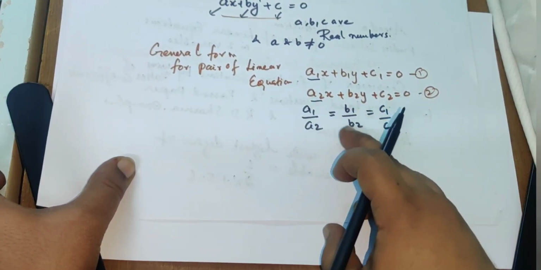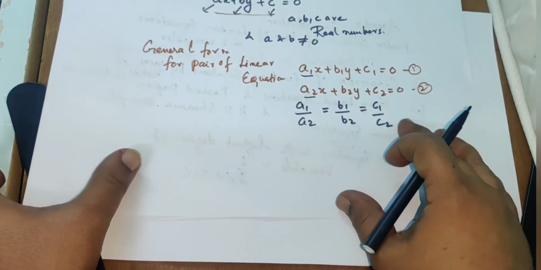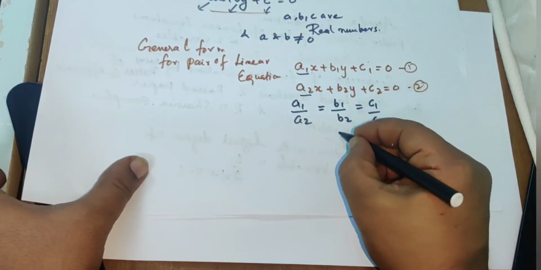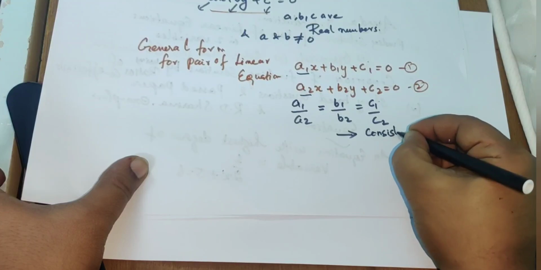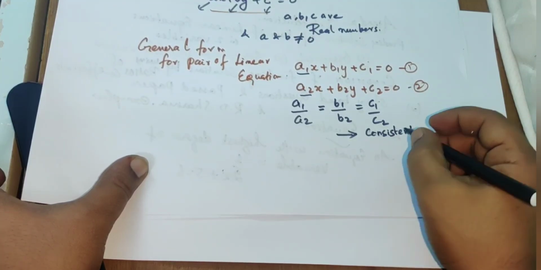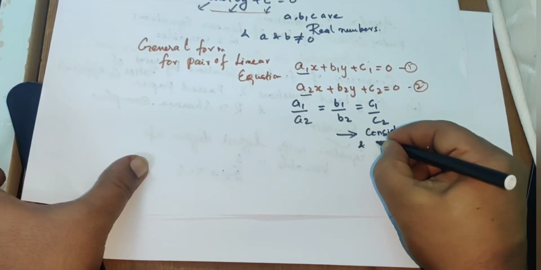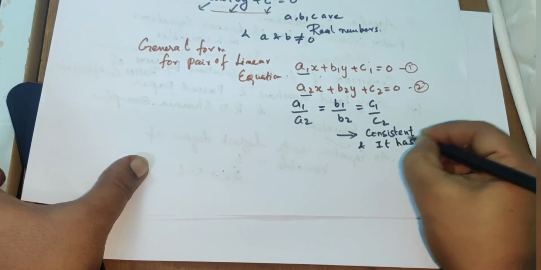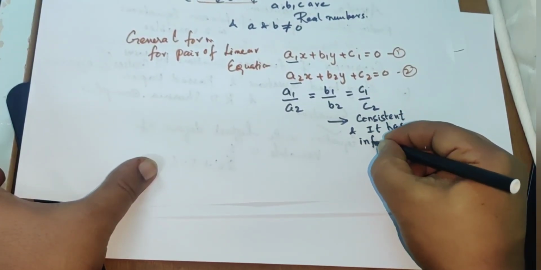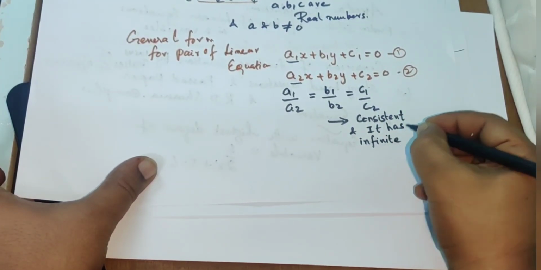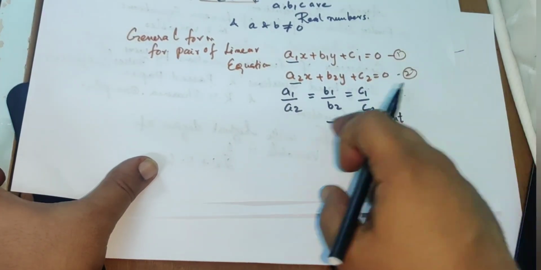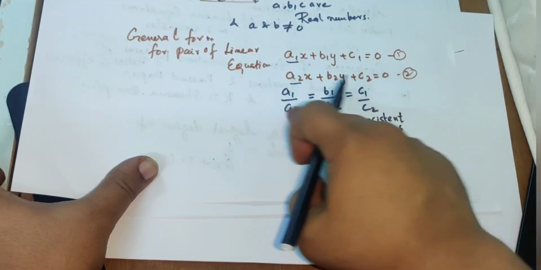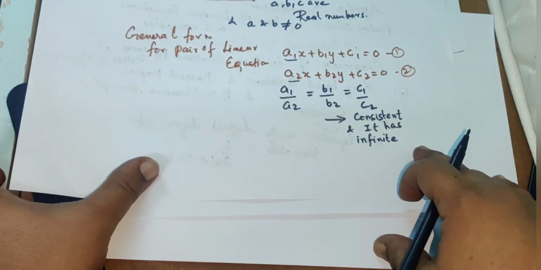If a1 by a2 is equal to b1 by b2, which is equal to c1 by c2, all the ratios are equal, then it is consistent. Consistent means we are able to find out the answer. Consistent, and it has infinite number of solutions. Even in the MCQ type of questions, you are able to answer in the public examination by easily just checking the ratios of the coefficients and the constant.